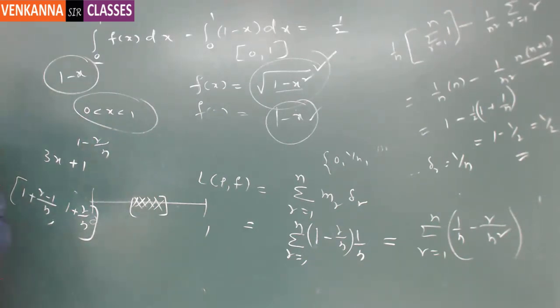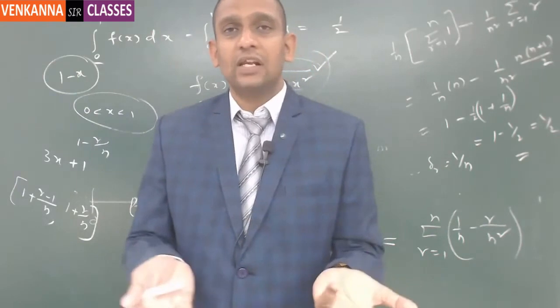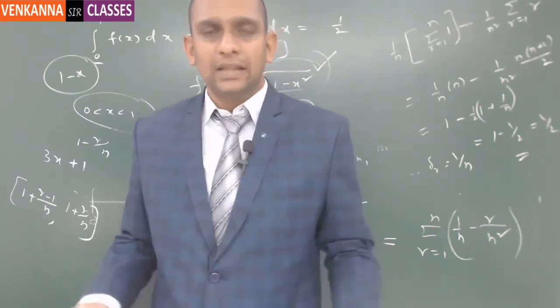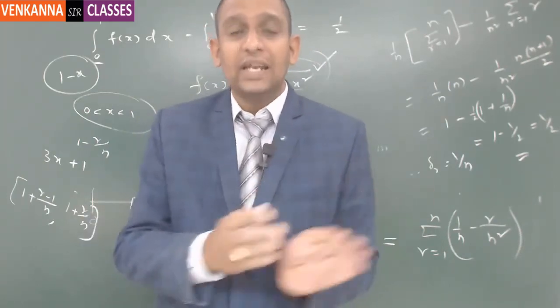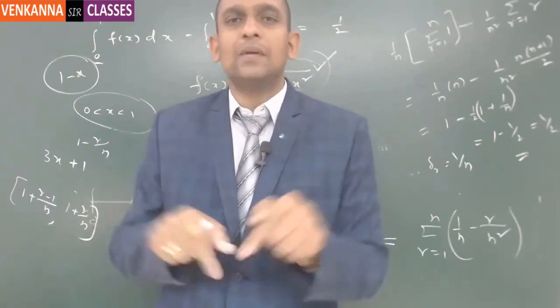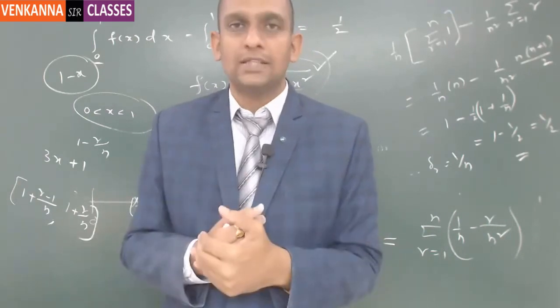Yes. In any interval, the function is not unique. If there is only one function like x square, x cube, 3x plus 1, 1 by x, etc., then obviously, by observing the nature of the function over the interval, straight away we can define that on this subinterval, this is the infimum and this is the supremum at the endpoints.